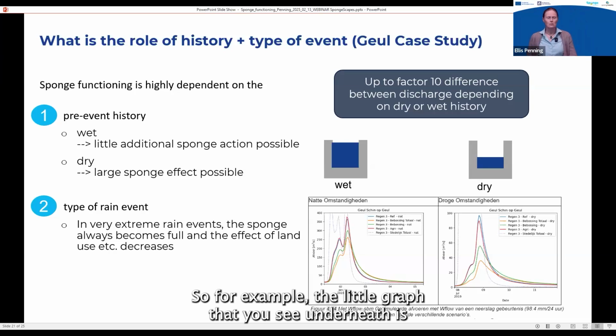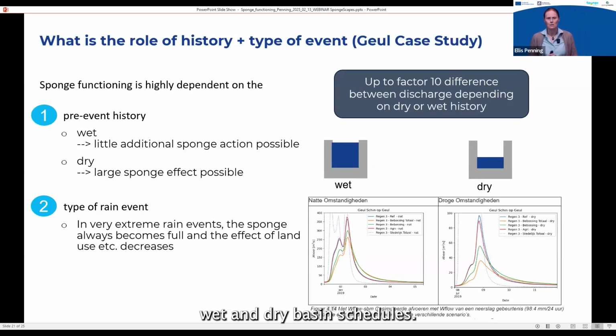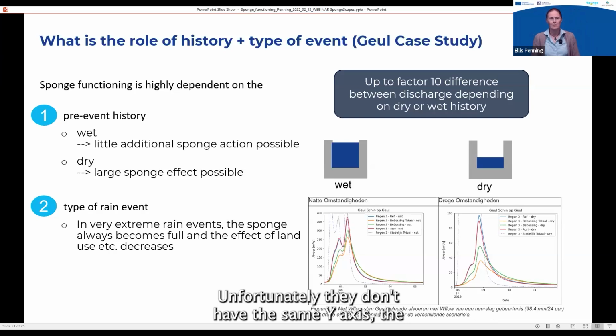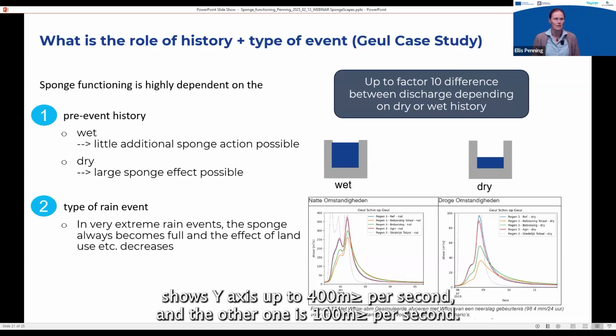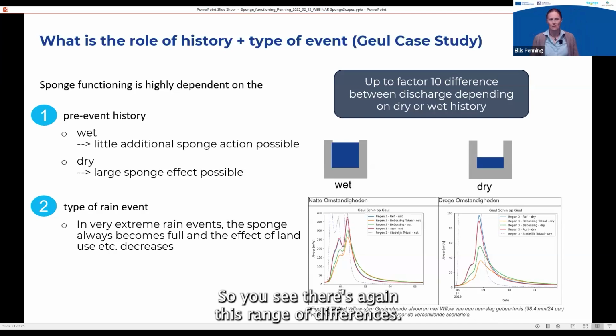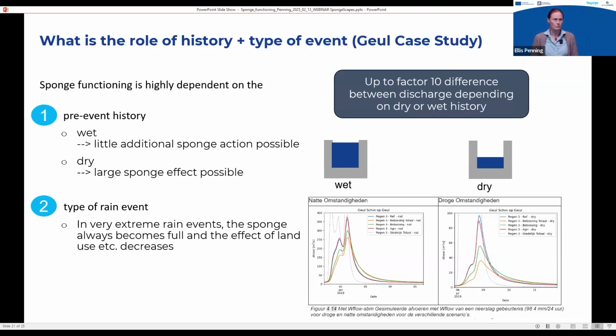So for example, the little graphs you see underneath these wet and dry basin schedules, unfortunately, don't have the same axes. The one for the wet season has a y-axis up to 400 cubic meters per second, and the other one is 100 cubic meters per second. So you see this range of differences again.